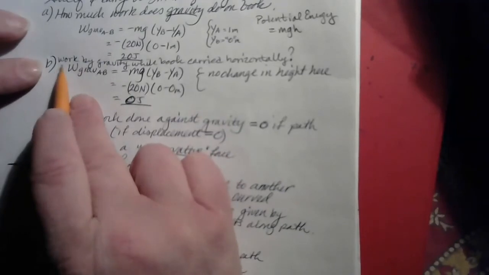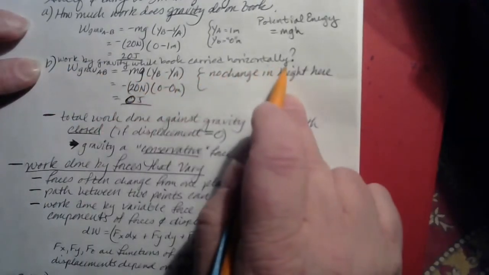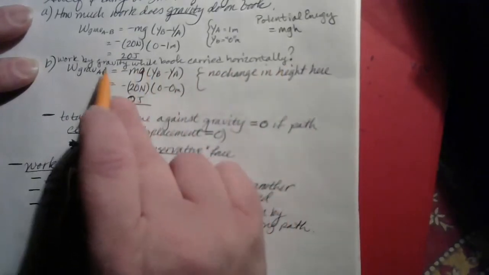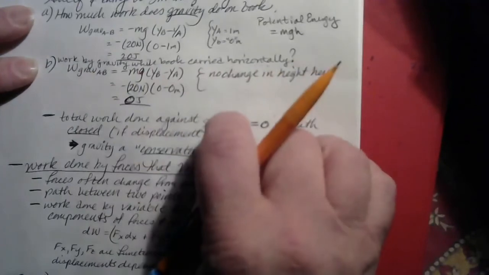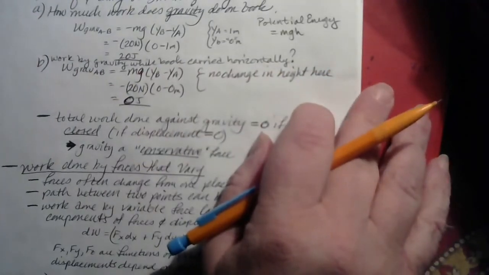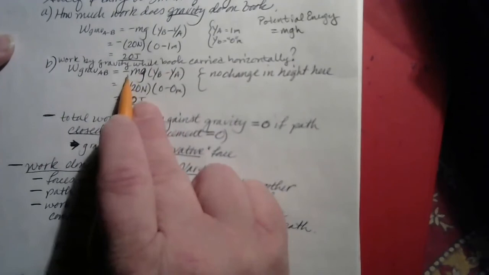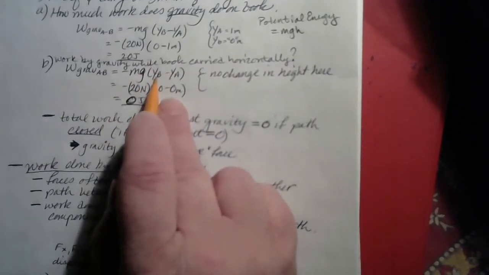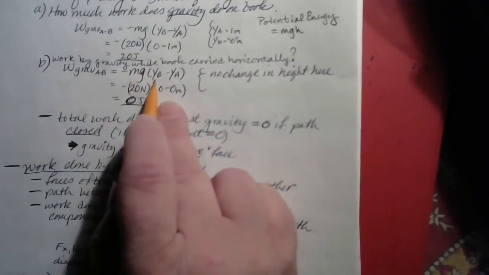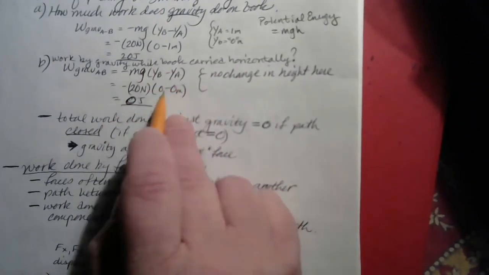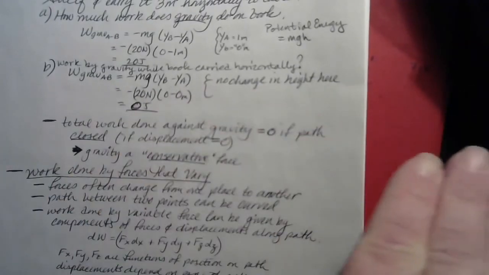Okay, B is the work done by gravity while the book is being carried horizontally. Now again, when you see the word work, gravity, and horizontally, your first guess should probably be that it's going to be 0. And sure enough, if you say the work due to gravity between points A and B is negative mg times the height, basically that's what we mean by the y position, height at point B minus the height at point A. Well, if you're carrying the book horizontally, yB and yA are the same.